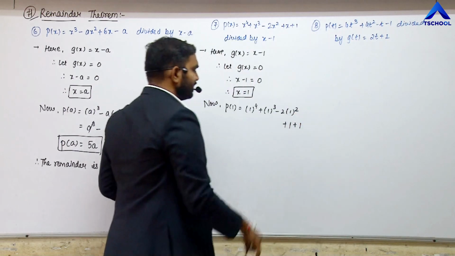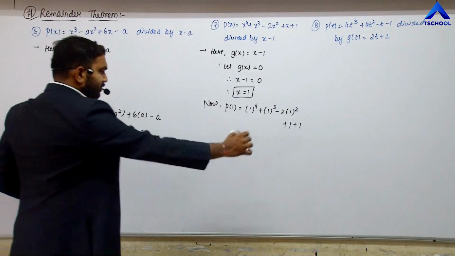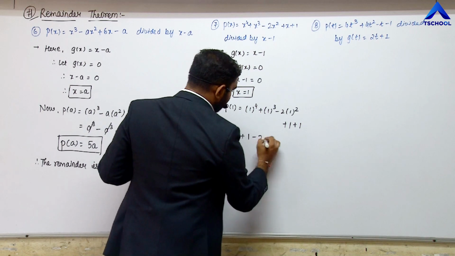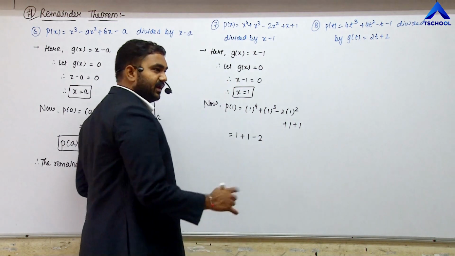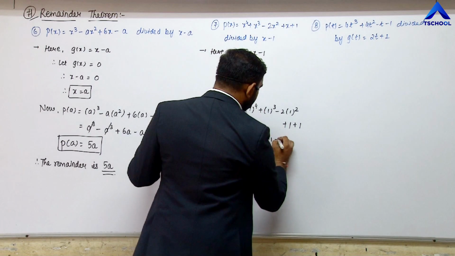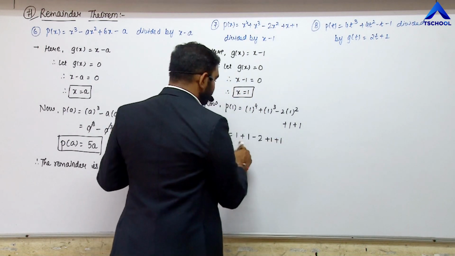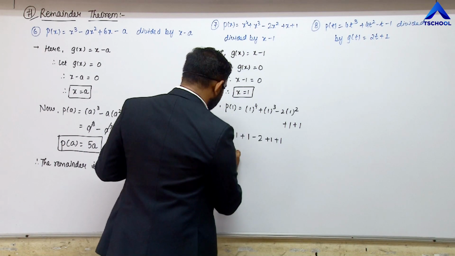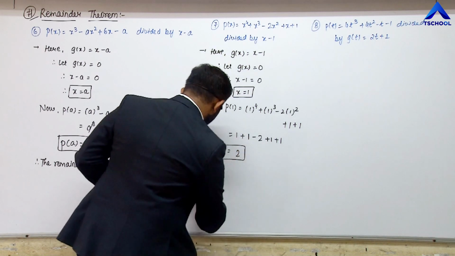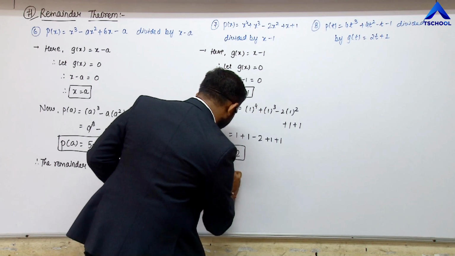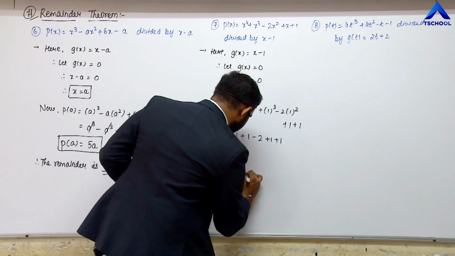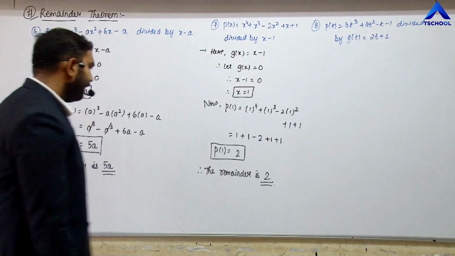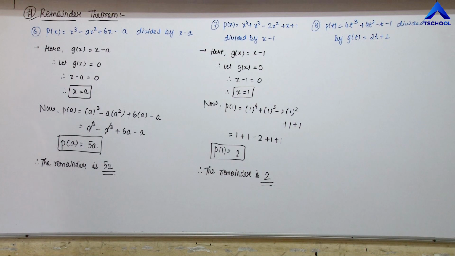I am writing that step here in the second line. So 1 raised to 4 is 1, plus 1 cube is 1, minus 2 into 1 square, 1 square is 1, that is 2 into 1, 2, plus 1 plus 1. So that is 1 plus 1, 2, 2 minus 2 is 0, and the remaining thing is 2. So we got the remainder, therefore the remainder is 2. So we got the remainder in both the cases.